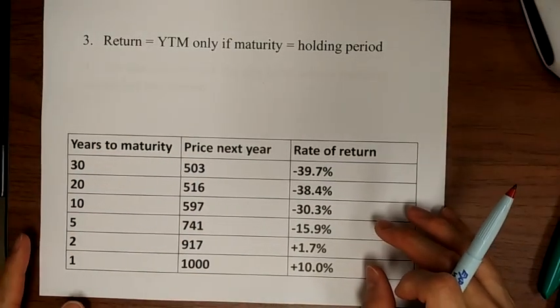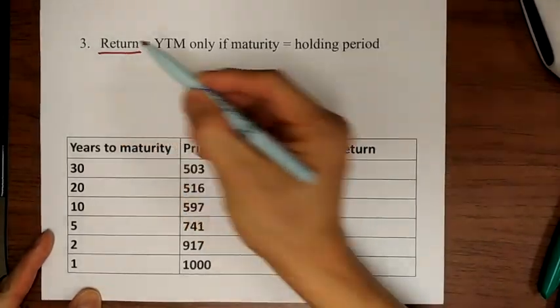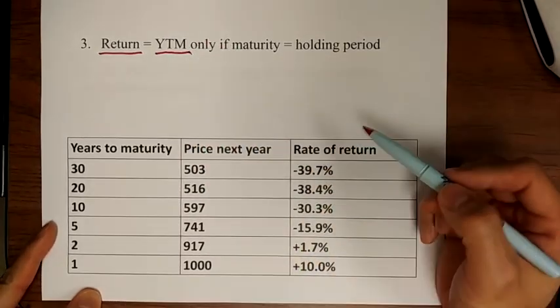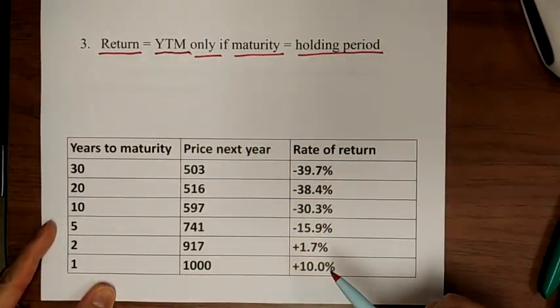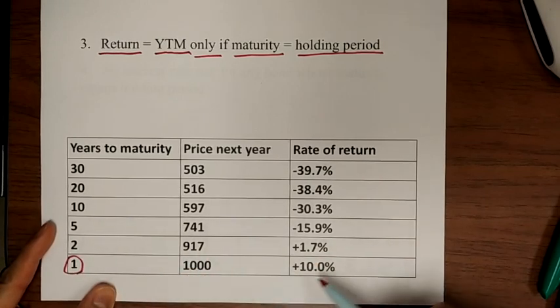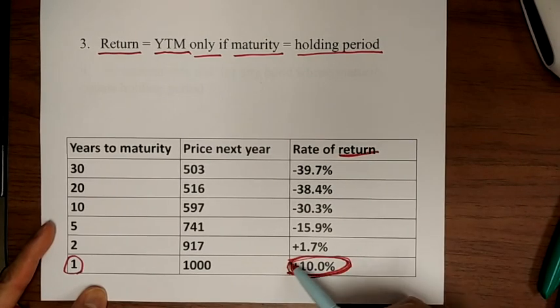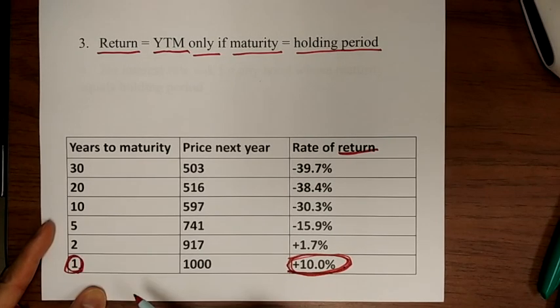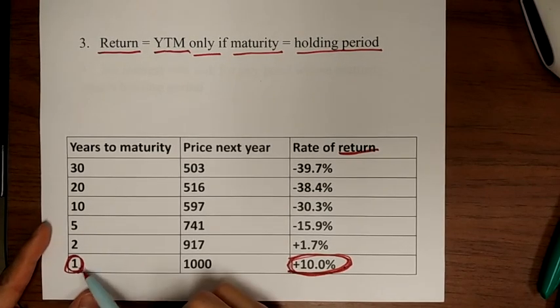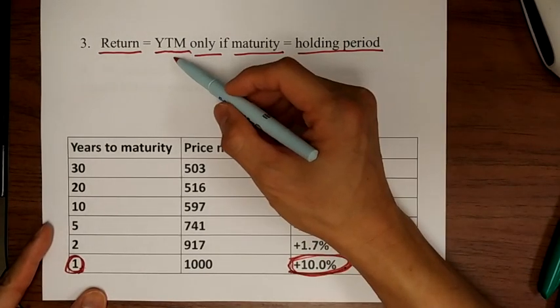Key findings number 3. Return is equal to yield to maturity only if maturity is equal to the holding period. Only in this case. Do you see that? The rate of return is exactly the market interest rate if the term to maturity is equal to holding period. Because what is interest rate?